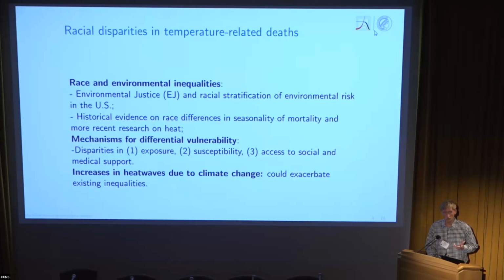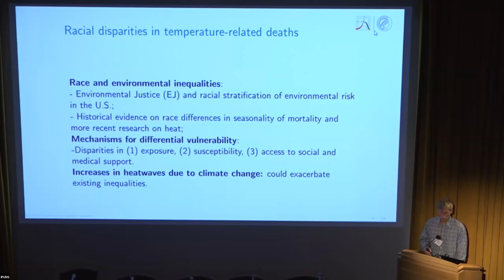For example, there is a paper that shows that Black communities are more likely to live in parts of cities that are heat islands, where temperatures are higher compared to other locations in the city. Another factor is susceptibility, so they might have worse health conditions in later life. And the third factor is related to access to social and medical support.